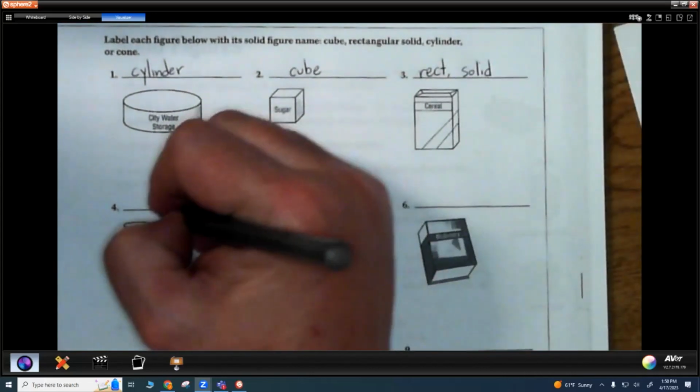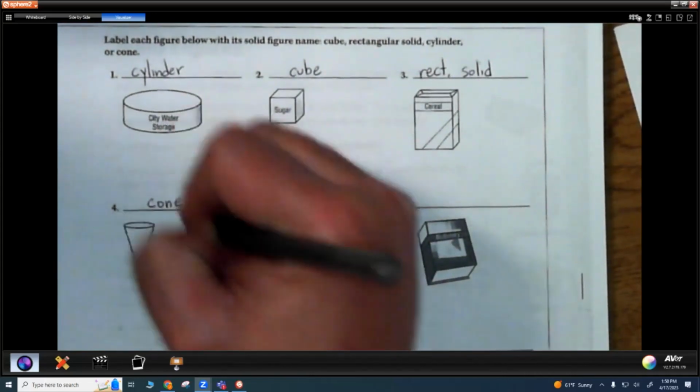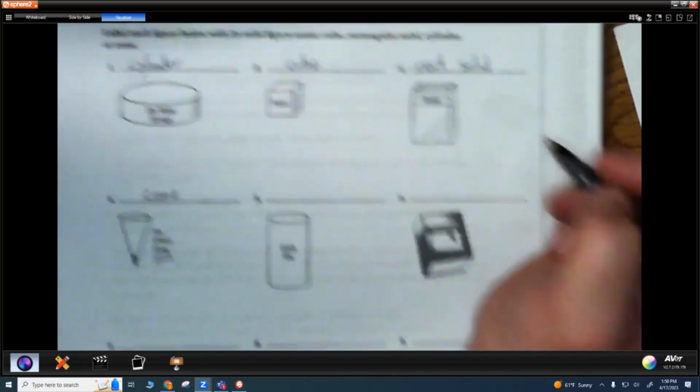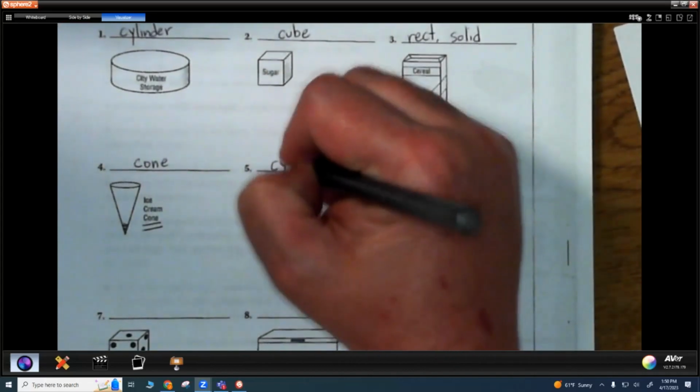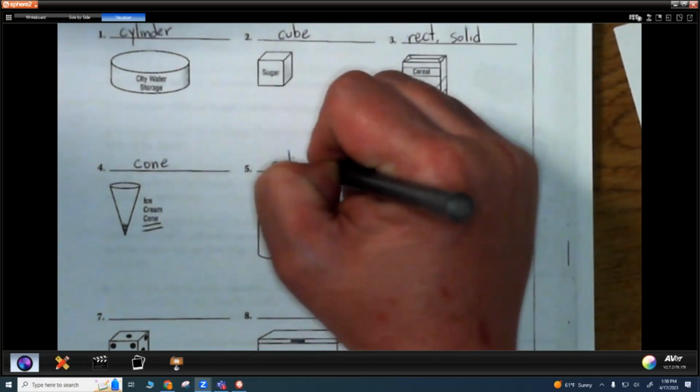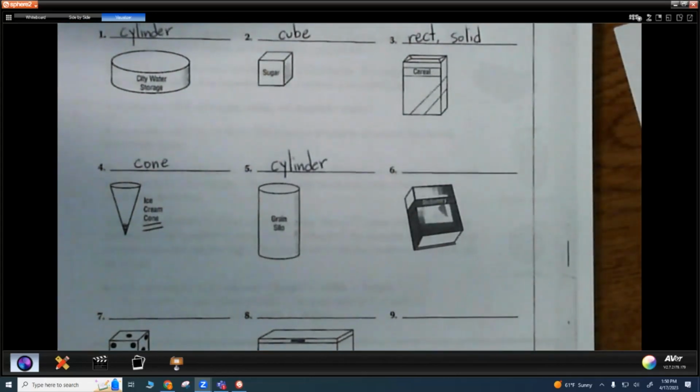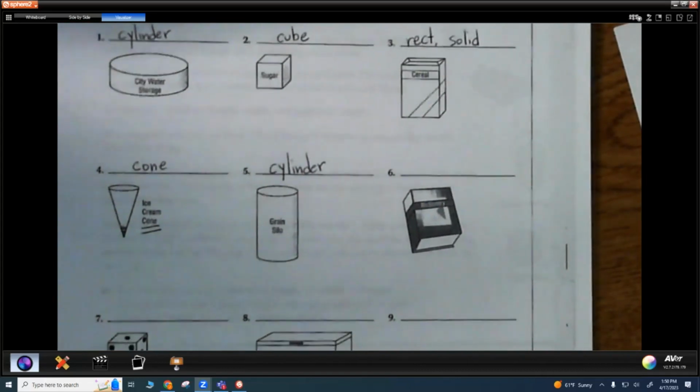Baby steps. I love how they say ice cream cone, then what is it? But yeah, it definitely is gonna come into play because you might not get a picture or figure.